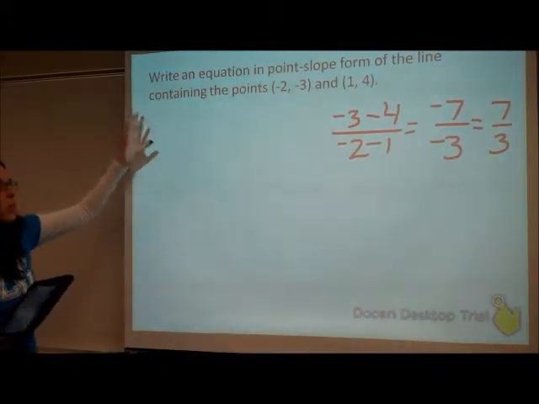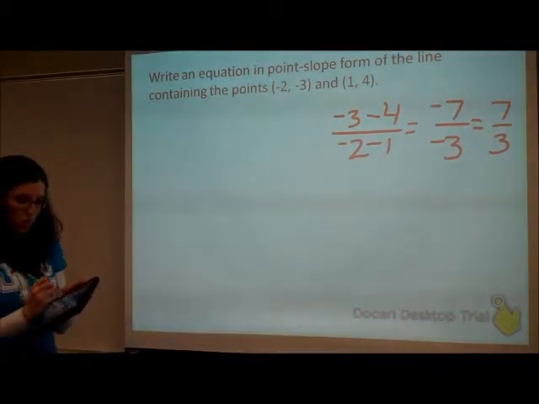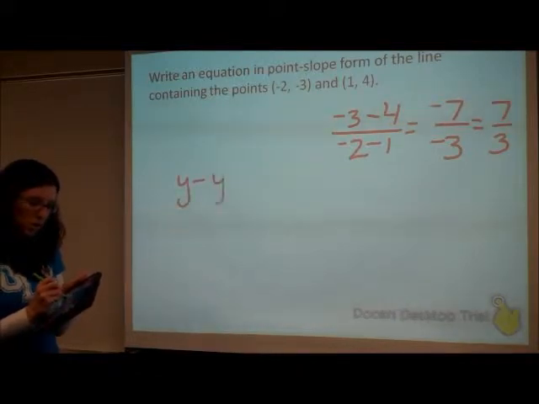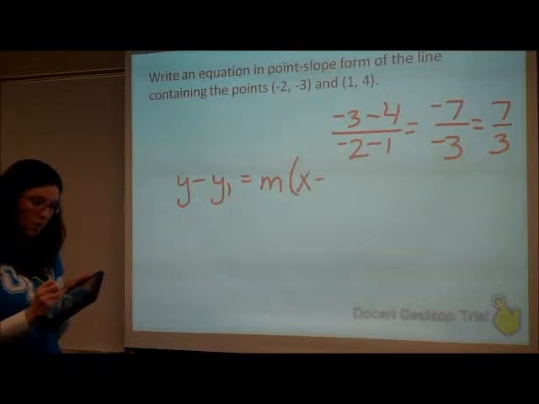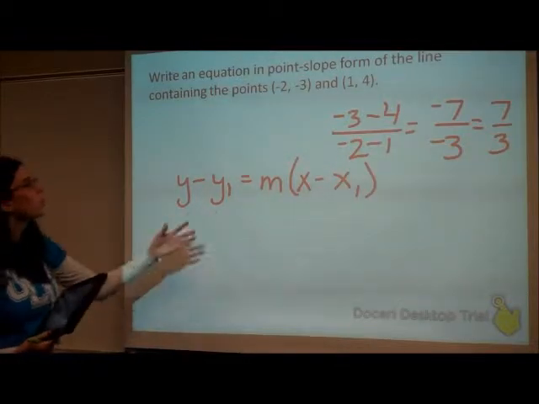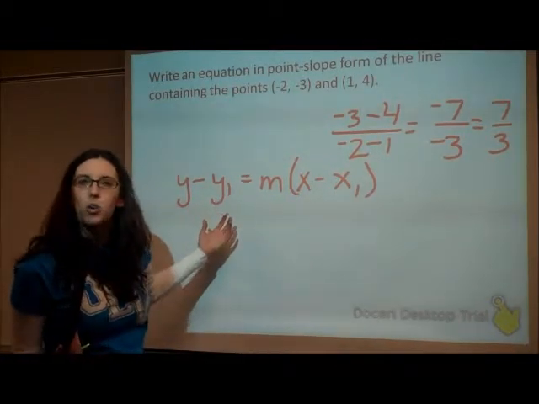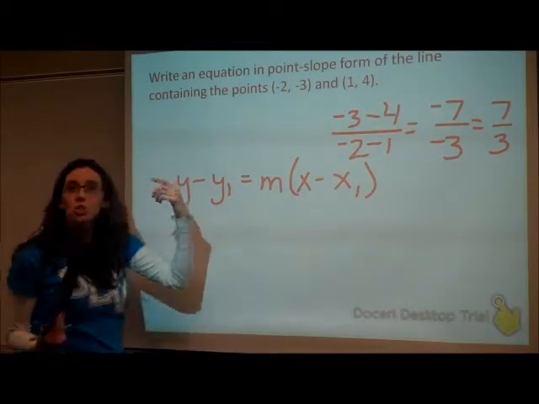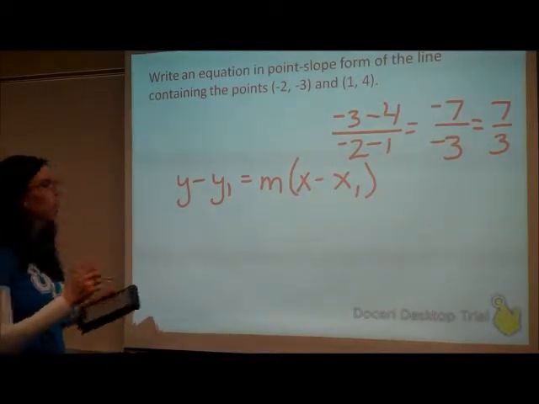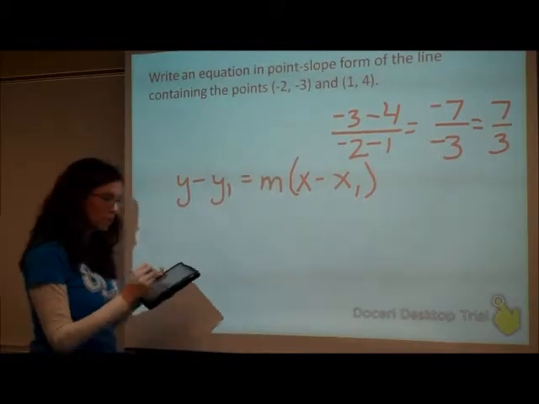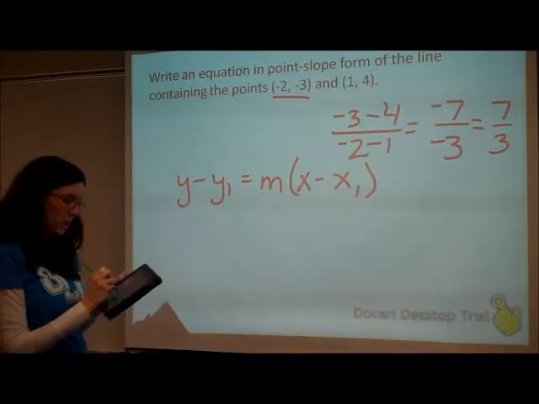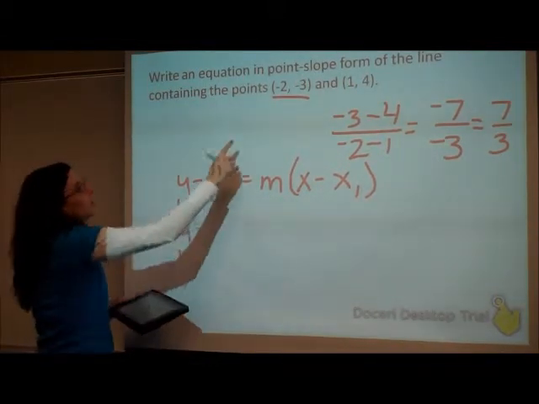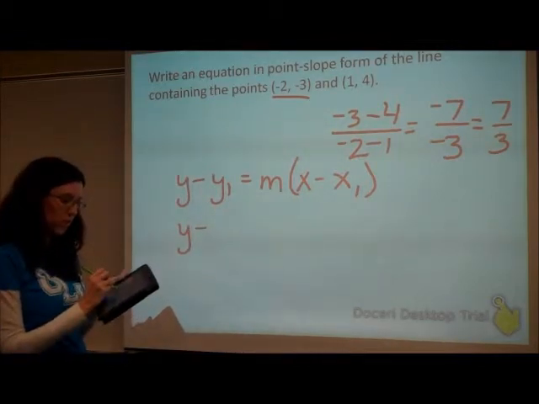Now, for our point-slope form, we need to use a point and the slope. We found the slope, and then we need to use one of the points. It doesn't matter which point you use, okay? Just choose one of them. So if I choose to use (-2, -3), my equation will be y minus the y value of the point, which is negative 3.